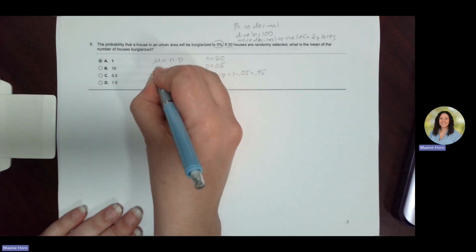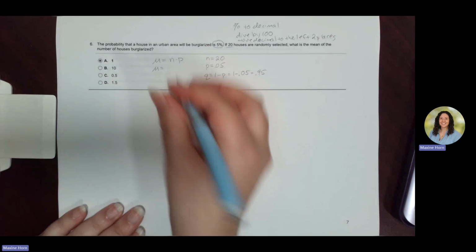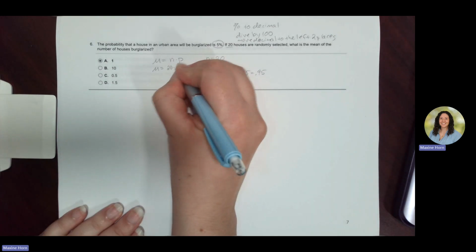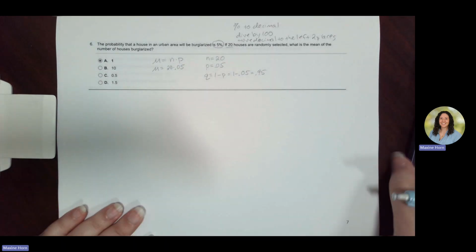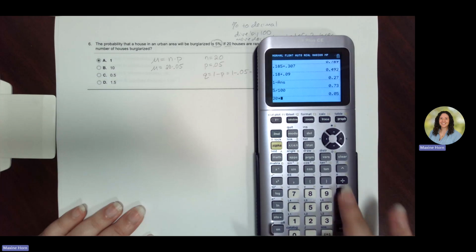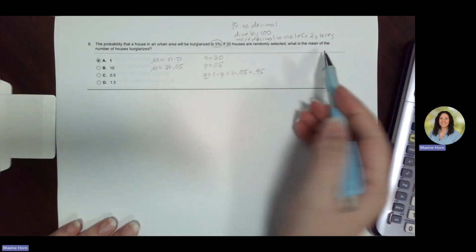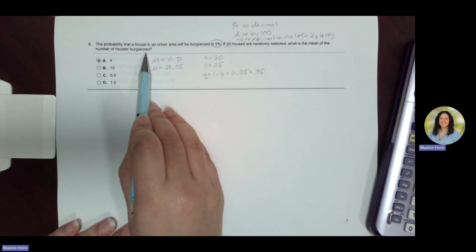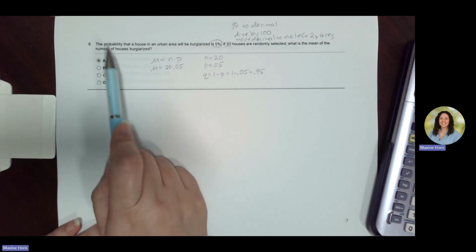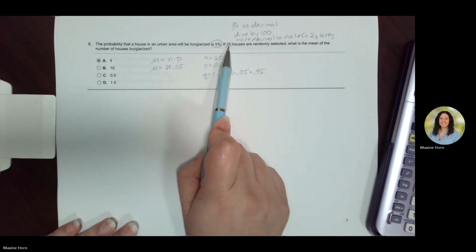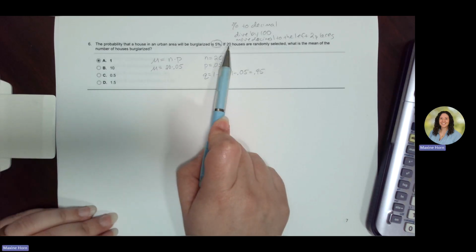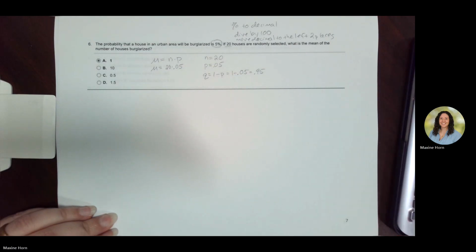Okay, so the mean is n times p, and that's how they're getting 1. Okay, the mean of the number of houses burglarized. So the mean number of houses burglarized is 1 in 20 randomly selected houses. Okay.